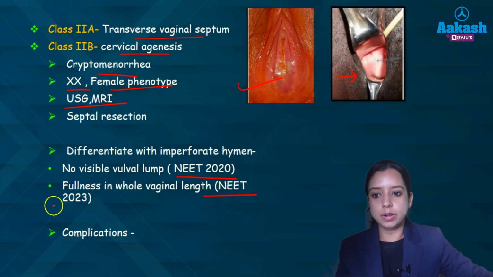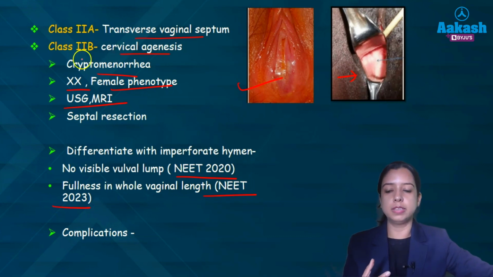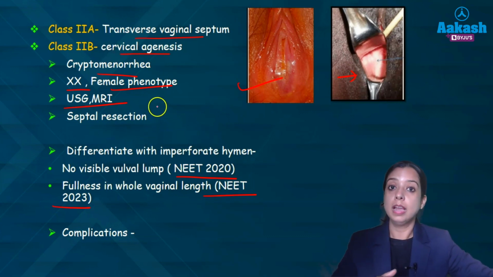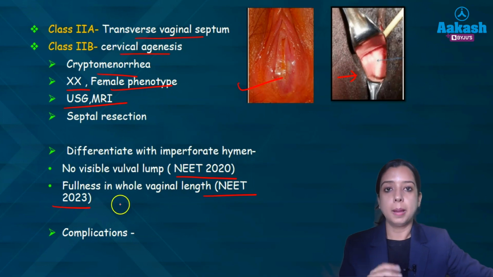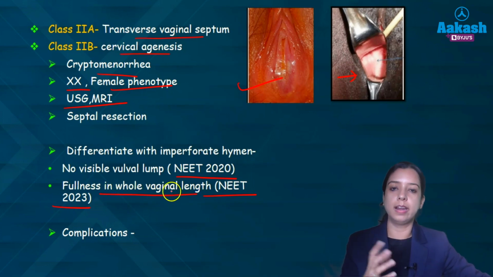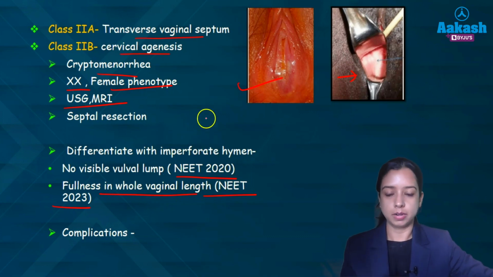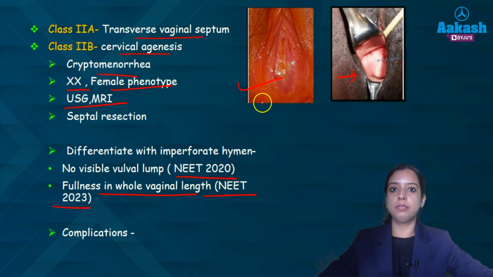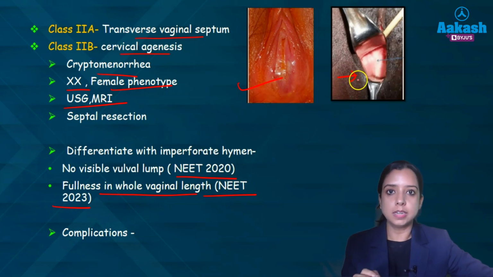In NEET 2023, again this question was asked with the same presentation of cryptomenorrhea, abdominal lump because of the uterus. One thing was given, in PR there was fullness in the whole vaginal length. The diagnosis, again imperforate hymen. In imperforate hymen, the whole vagina is filled with blood. So you can feel fullness in the vagina. Cervical agenesis, will there be vaginal fullness? Cervix is agenetic.